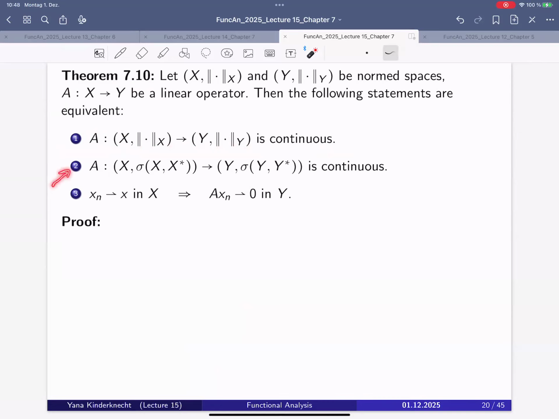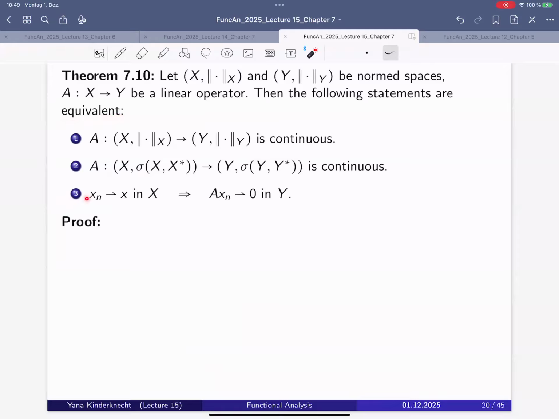The second statement: A is continuous as a mapping of these two topological spaces. That is, here we have the strong topology and here we have the weak topology in both spaces. Now they are not normed spaces, but just topological vector spaces, and hence continuity means that the preimage of an open set with respect to this topology is open, that is, an element of this topology. So you see these two statements are equivalent. The third one, which is also equivalent, is as follows.